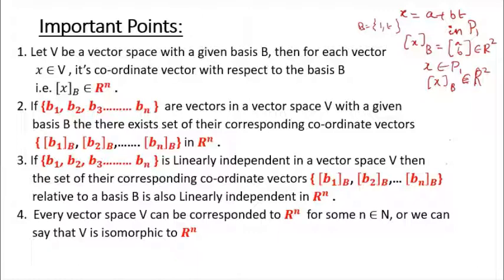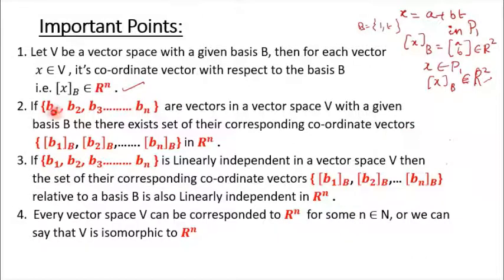So whatever vector space you take, vector space of functions, vector space of matrices, any vector you take in that, its coordinate vector will be in R2, R3 like that. It will be in Rn for some n. Then the second point is, if b1, b2, b3 and so on bn are vectors in a vector space V with a given basis B, these are just vectors, not the basis vectors, then there exists a set of their corresponding coordinate vectors.